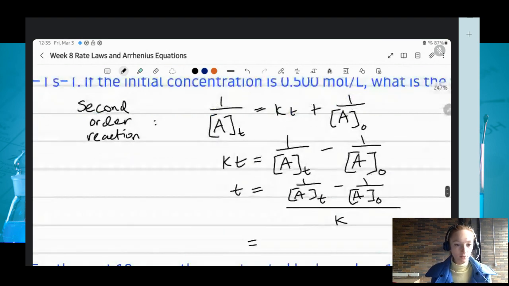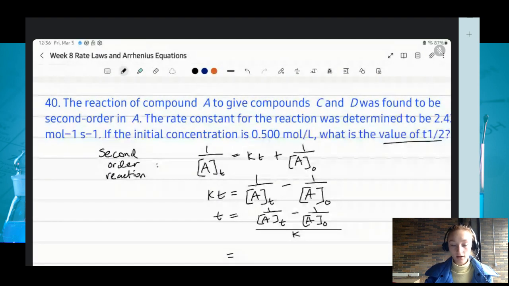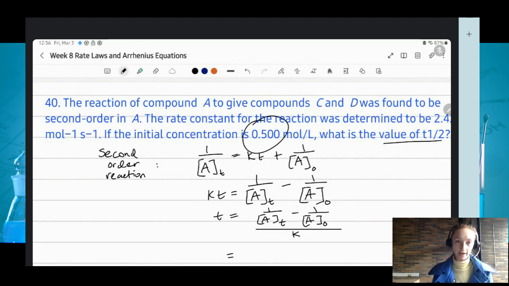So now all we have to do is just plug in the values that we were given. So for the 1 over A_t, specifically it is asking for the value at T1/2. So when the concentration is half of what it started at. So it started at an initial concentration of 0.5 molarity.